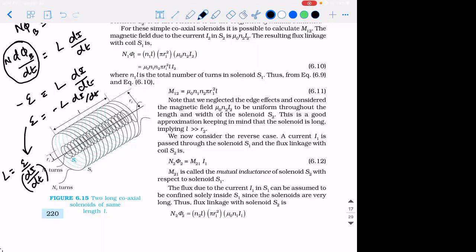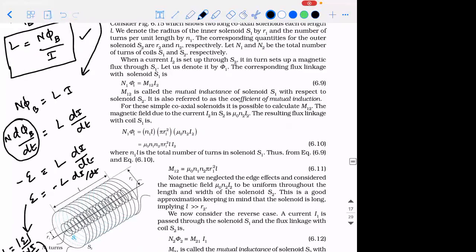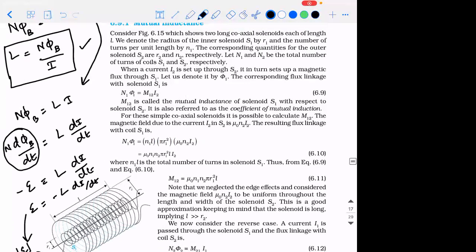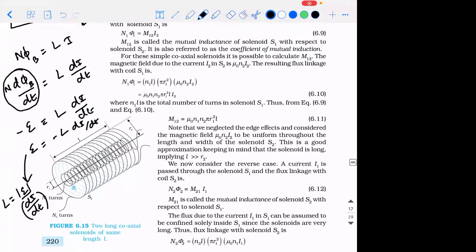So L is equal to the magnitude of EMF divided by di by dt. This is another mathematical definition for inductance. So basically, there are two mathematical definitions for inductance. One is N phi divided by I. And the second mathematical expression is the magnitude of EMF divided by the rate of change of current.